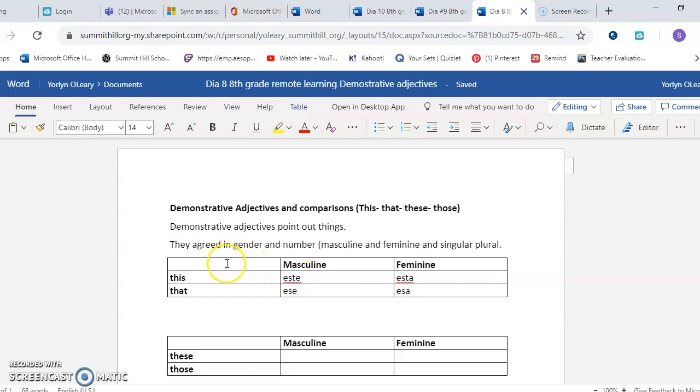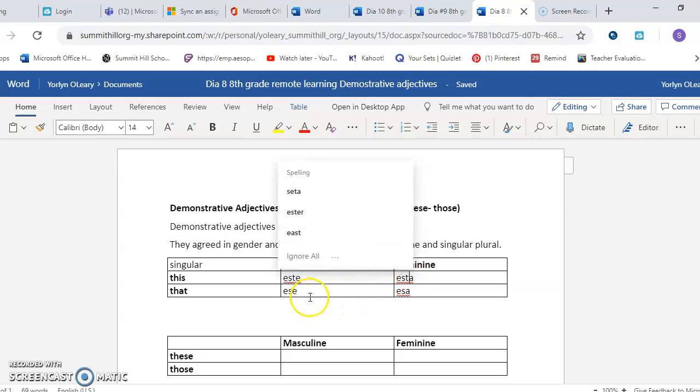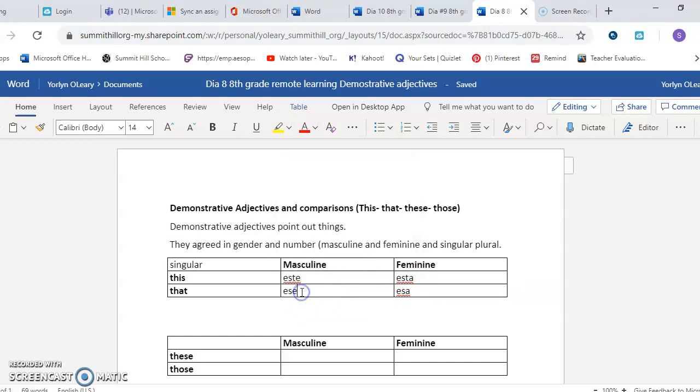The easiest way to remember this: when you're saying this and that, you're touching. So notice that you're using the T, right? You're touching that object. If you're pointing at something, you don't use the T form.